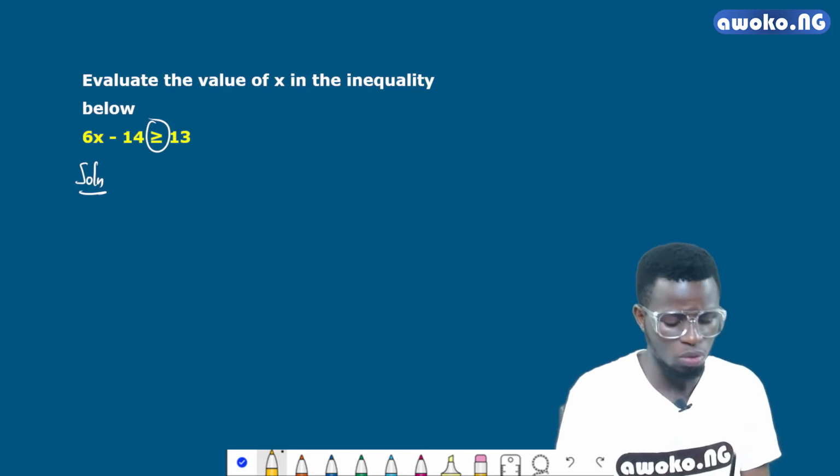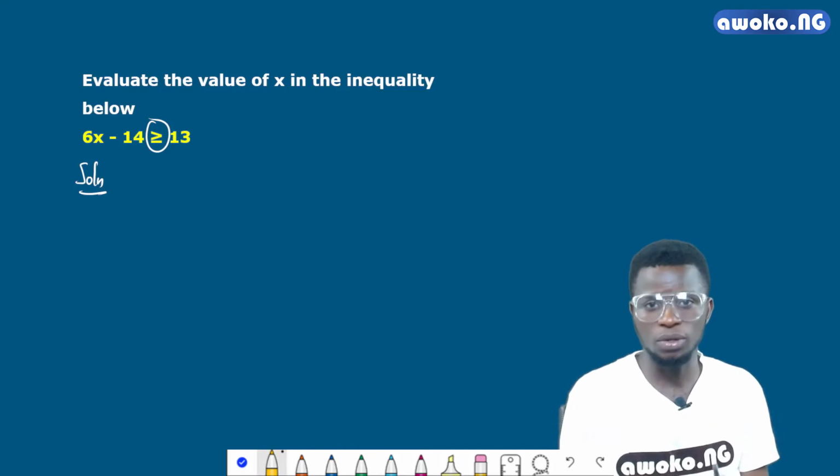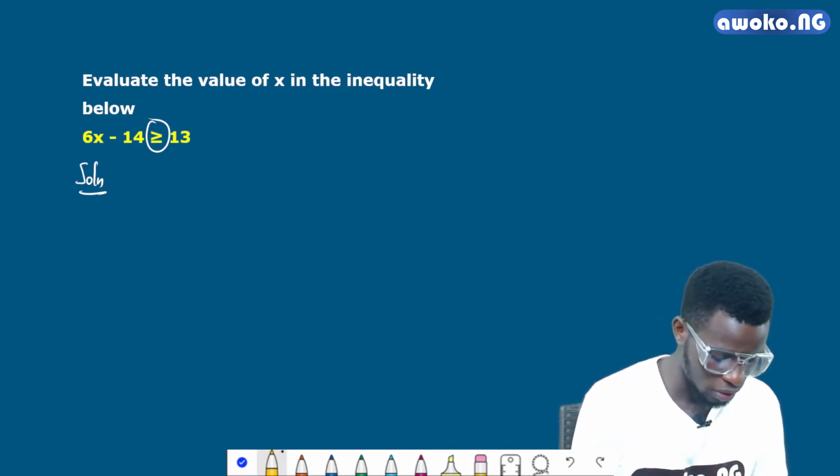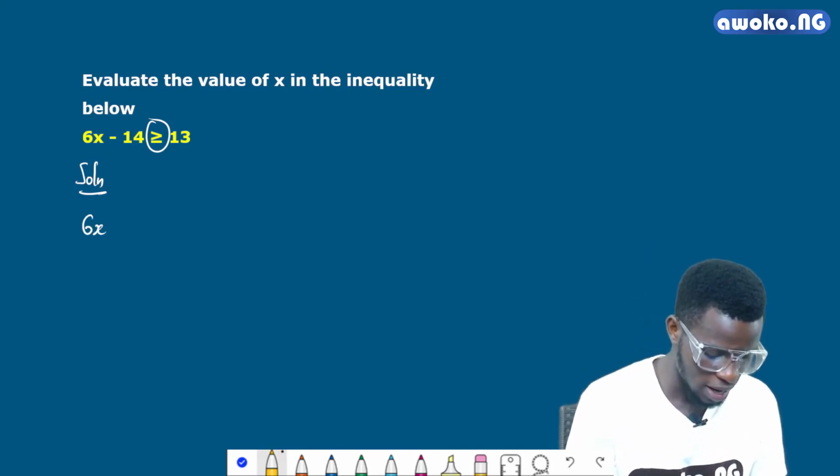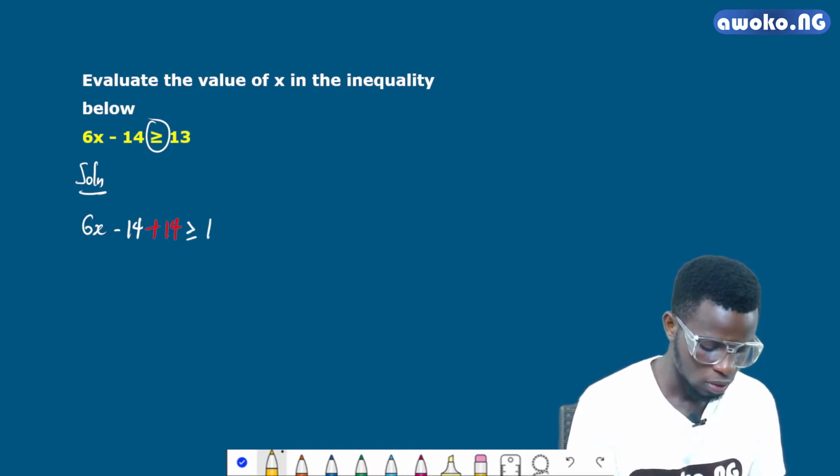So if I decide to add 14 to both sides, this is what I would have: 6x minus 14, then plus 14 greater than or equal to 13 plus 14.